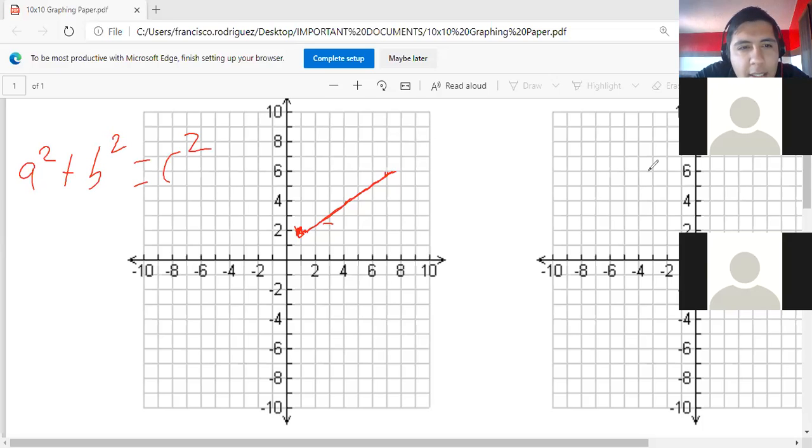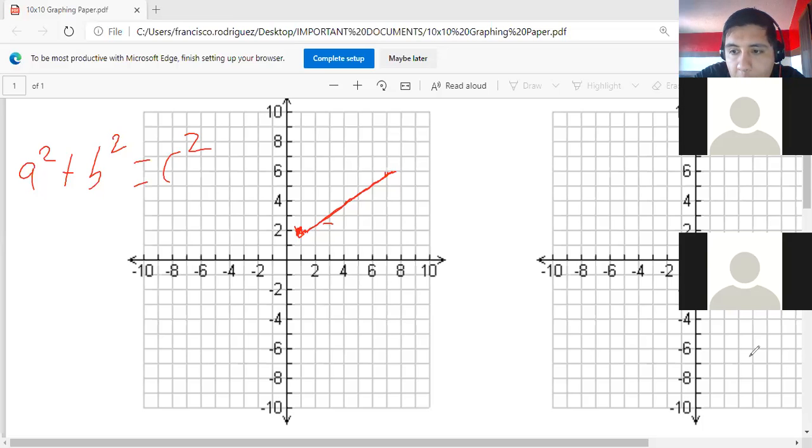So let's just pretend that we have this right here without any numbers. How would we solve for c? If we wanted to cancel everything out and just leave c by itself, how would we do that?